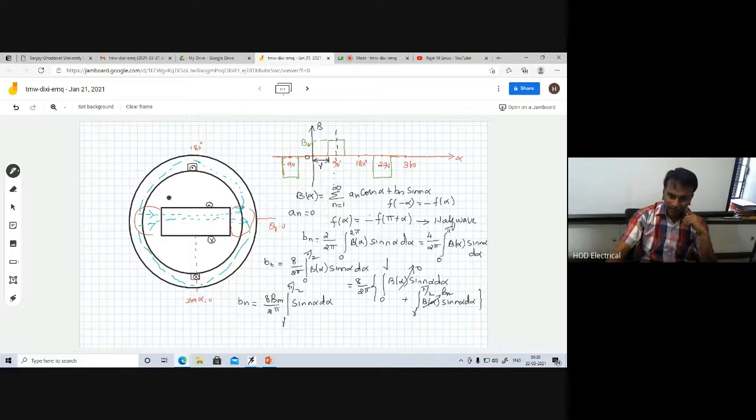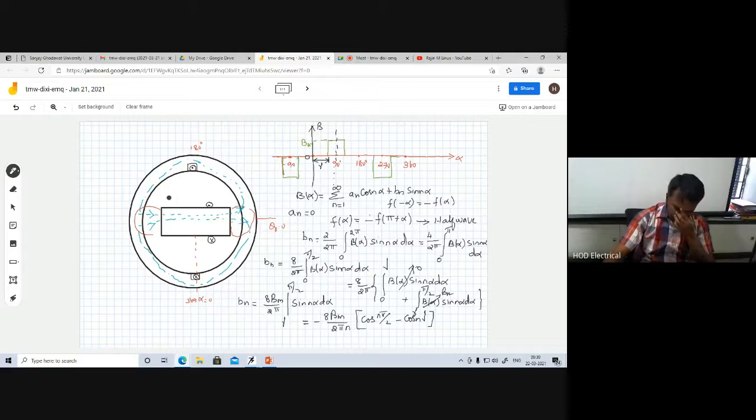Let me take this integration. Integration of sine is equal to minus cos. Therefore, we can write minus 8 Bm by 2 pi n into cos of n pi by 2 minus cos n gamma.